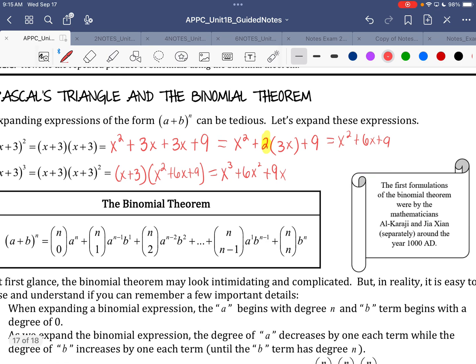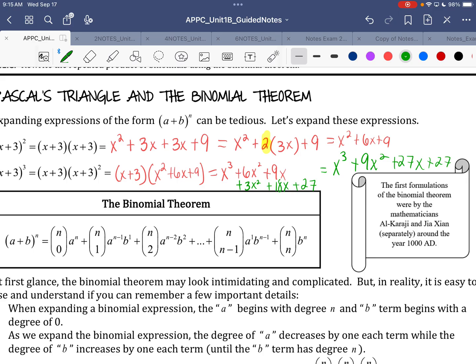And then we're going to multiply the 3 times all of the numbers: 3 times x squared plus 3 times 6x plus 3 times 9. And we combine like terms. I like to add vertically. That's why I'm putting it underneath. So we get x cubed plus 9x squared plus 9 plus 18 is 27x plus 27.